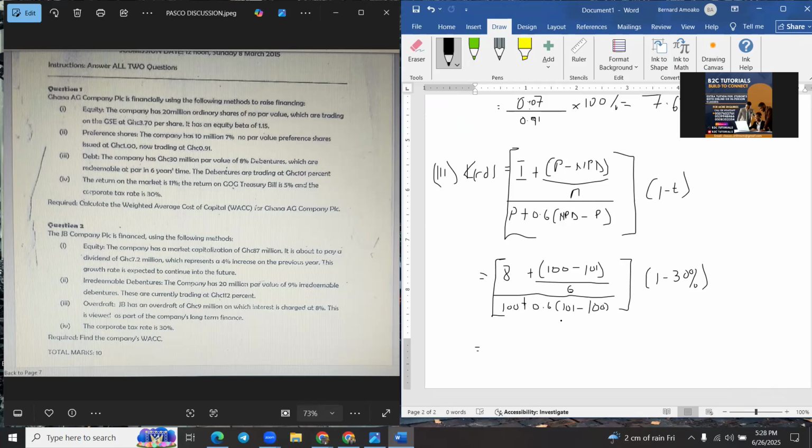Then the figure divided by 100 plus 0.6 multiplied by 101 minus 100. That should also give us another figure, which I can write and round off to the nearest whole number. It is going to be 0.077866.